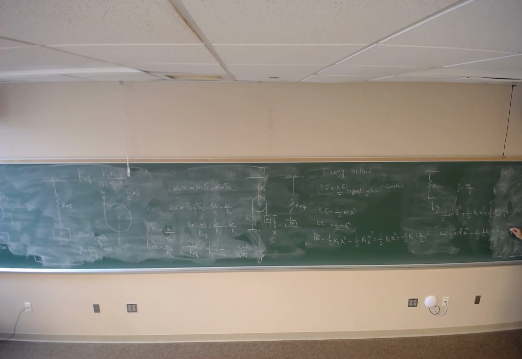So I'm going to have 2 times 1 over 4, 1 over 2 k1 x dot, equals 0. The derivative of x squared would be x dot times 2. 1 over 4 is coming out of the parentheses, and 1 over 2 k1 is going to be.